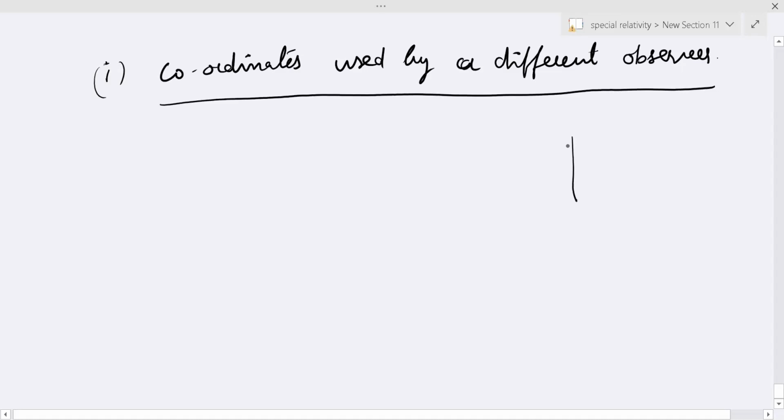Suppose this is the coordinates used by ct and x. The question is: which among the following corresponds to a coordinate used by a different observer who is traveling at plus v along the positive x-axis? Option 1 is ct prime.